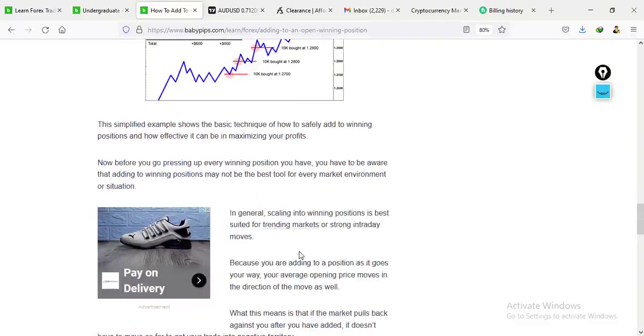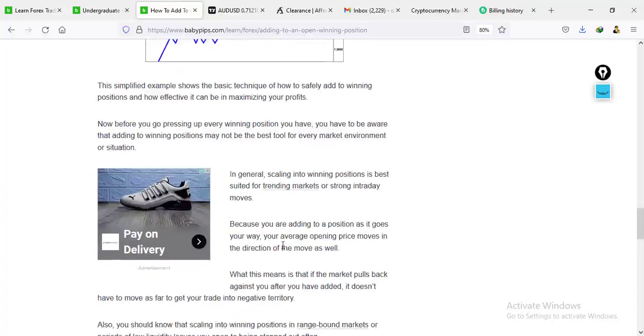Okay, so with this example that you have seen, this technique of scaling in or adding to more positions is good, especially when you are trading a trending market. So if you are going to apply this trick, make sure you are in a trending market, because you are adding to more positions.